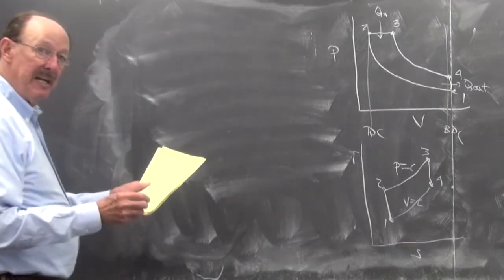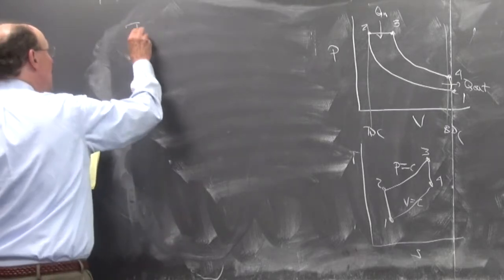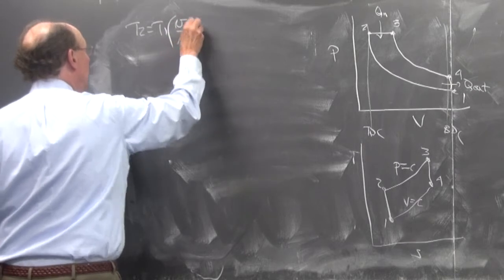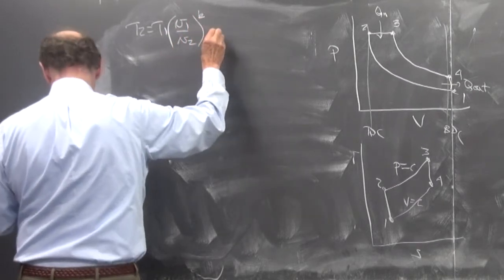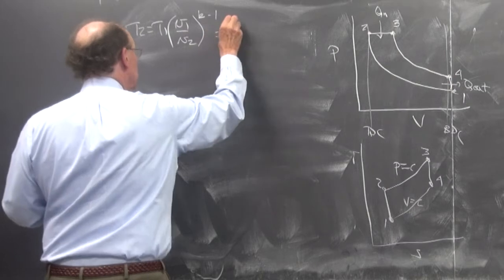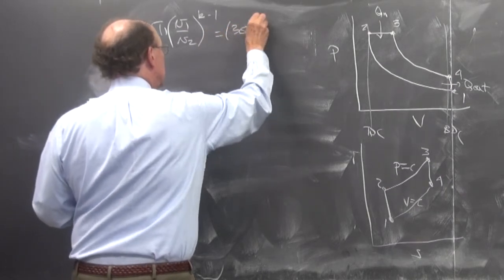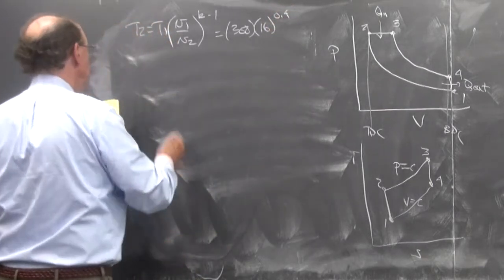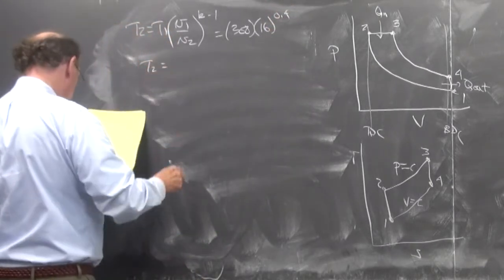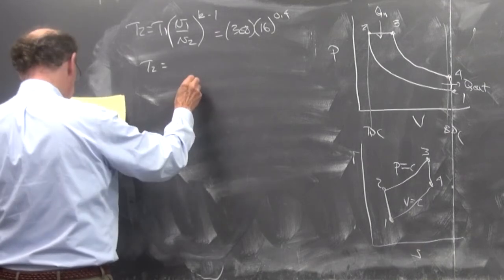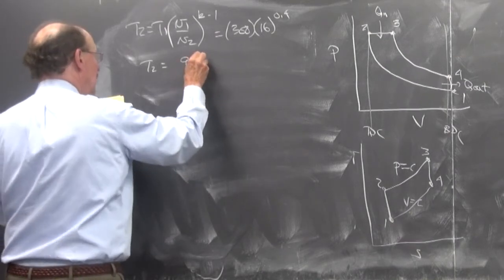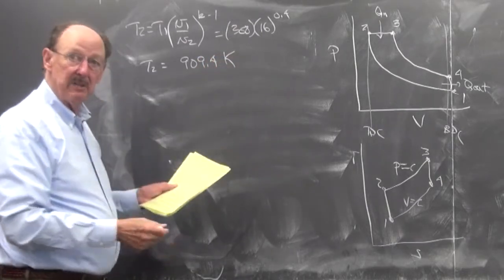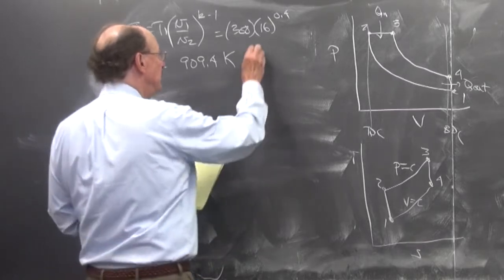And so now let's find T2. Same way, T2 is equal to T1 times (V1 over V2) to the k minus 1. So this is equal to 300 times 16 to the 0.4. So T2 is equal to 909.4 degrees K. And in the Otto cycle, it was 689.